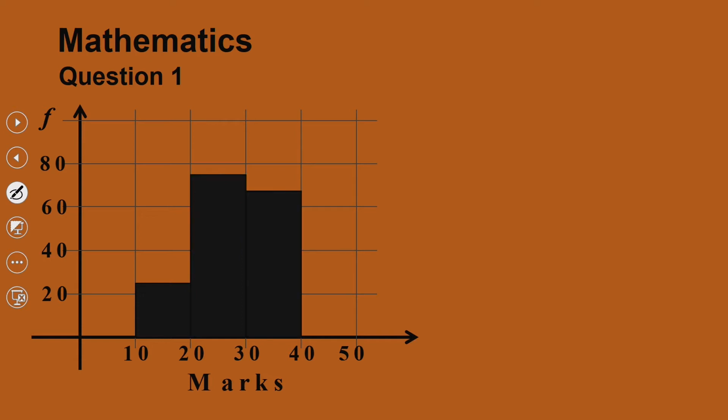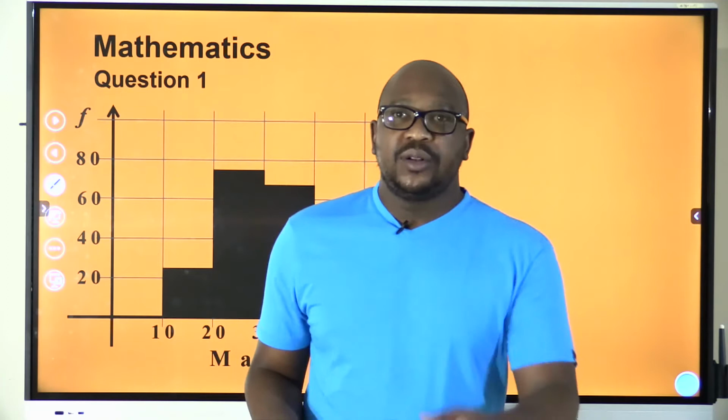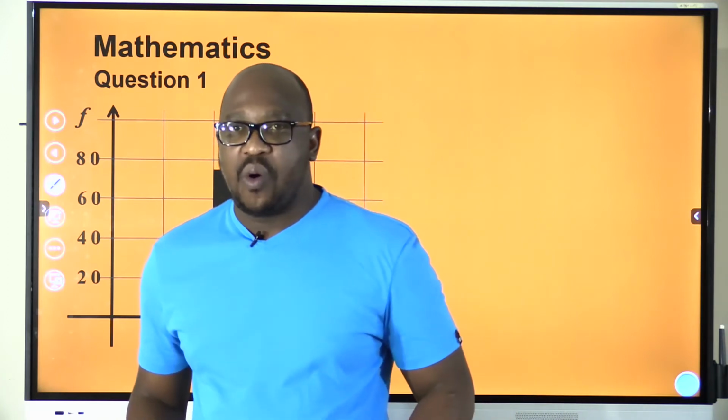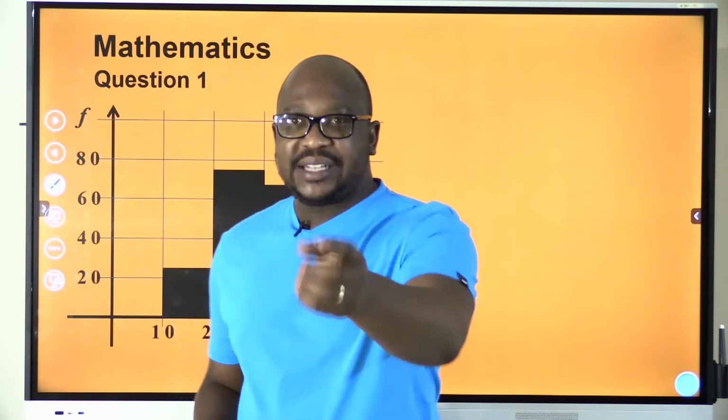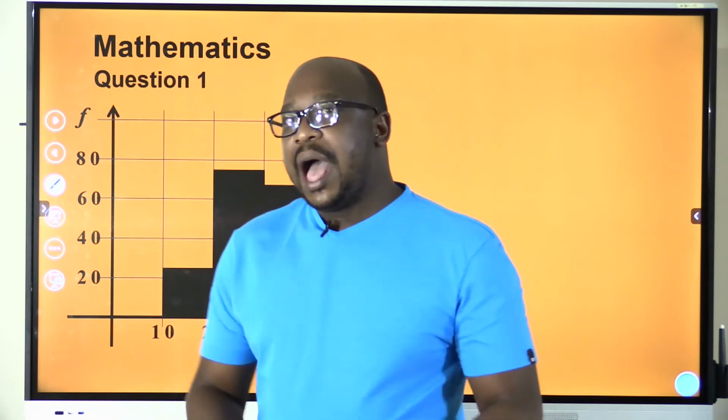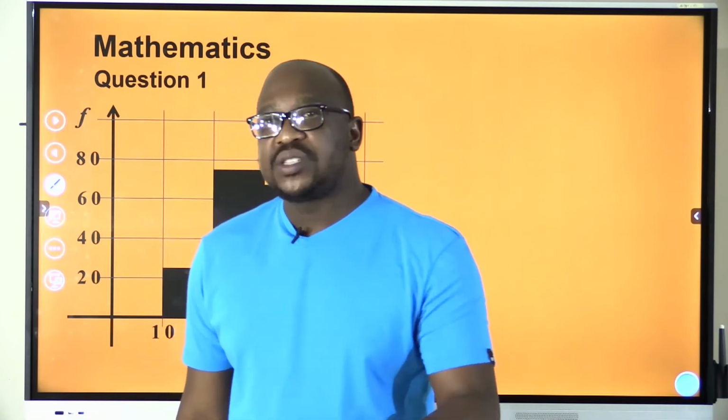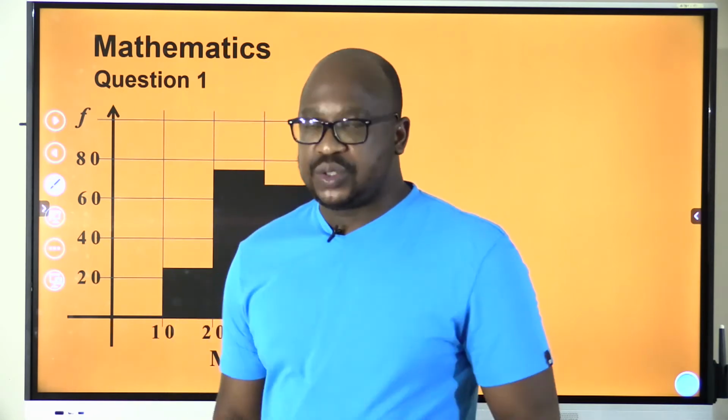The next bar, there we have it, it's up to 66, which is representing the information as it was in the table, and our last bar that we have is about 34, and it's approximately there. I hope you are able to indulge into the drawing of this histogram, and our next section will be related to how to draw the frequency polygon onto the histogram.